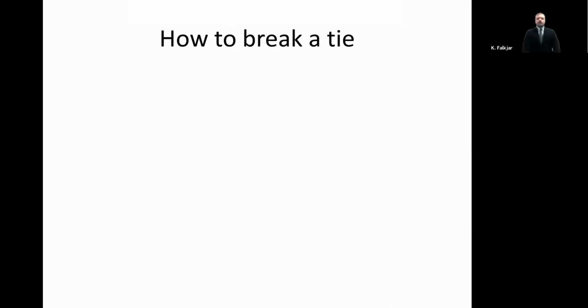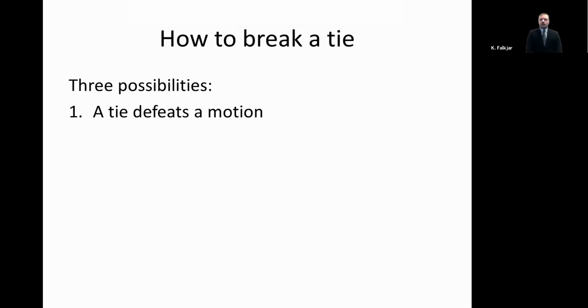The last item is how to deal with a tie. The rules of order provide for 3 possibilities. Number 1, a tie automatically defeats a motion, and in this case, everyone votes, including the president and chair of the meeting.